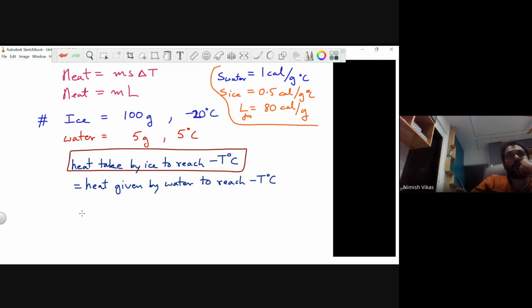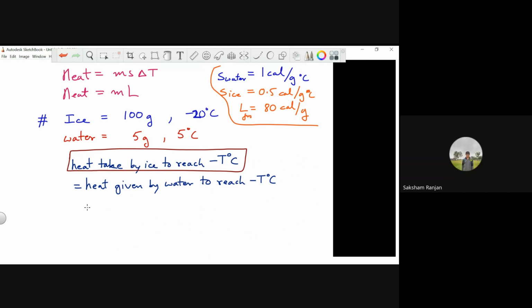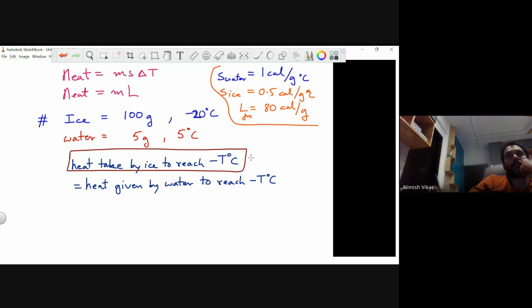Speak up. So it will be m s delta T, right? This formula, right? Yes, sir.